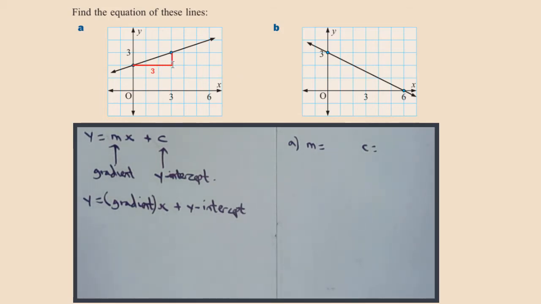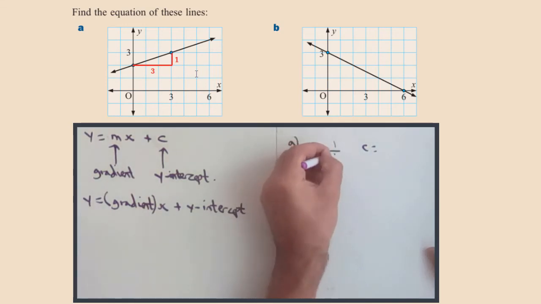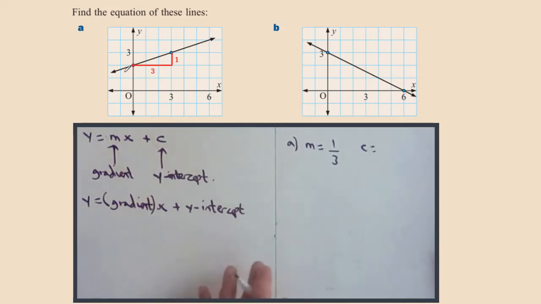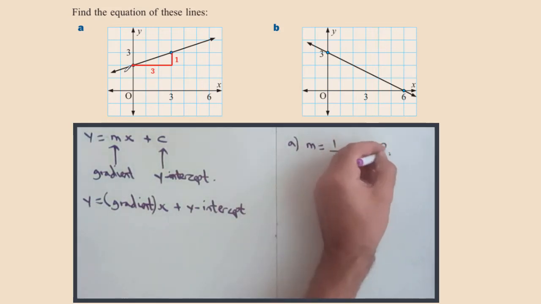From here I've had to go up to get back on the line, so that's positive and it's a step of 1. Now the gradient, remember, is Y step over X step, so it's 1 over 3, and you don't need to do anything with that. C is where it crosses the Y axis. You can see here, this is the Y-intercept right there, and it happens when y is 2. So the y-intercept c is 2.